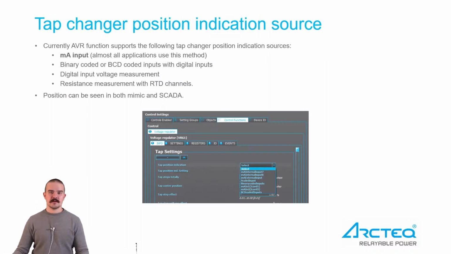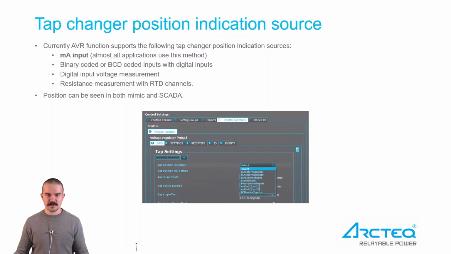And then next up is how to set the tap changer position indication. First we are going to choose the indication source. Currently the function supports the following position indication sources. The milliamp input, which is by far the most commonly used method. Then there are also binary coded and BCD, which is binary coded decimal inputs that are done with digital inputs.